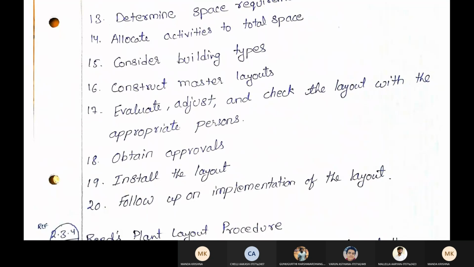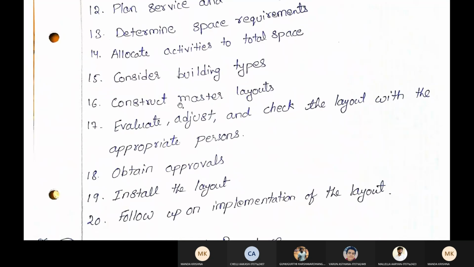That is persons who are working with us, and obtain approvals from the superiors, install the layout, and follow up on implementation of the layout. These are the 20 steps in the Apple's layout design procedure.